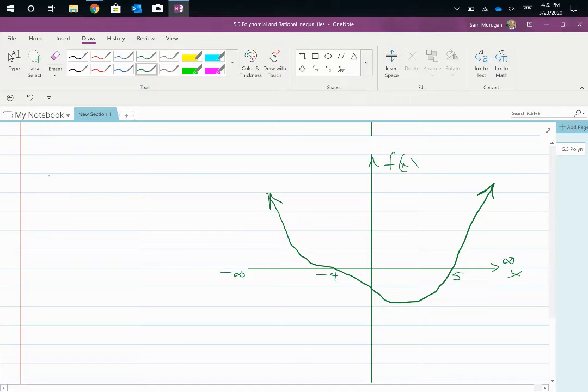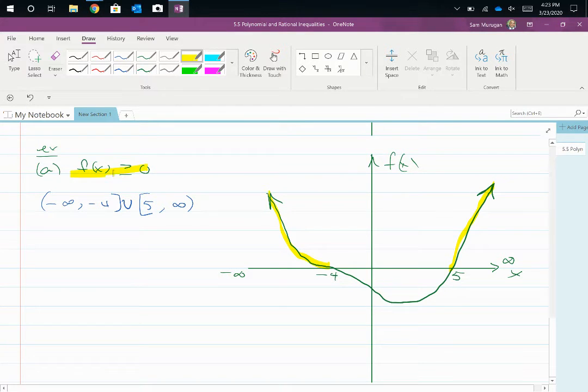So in this case, for f of x greater than or equal to 0, considering the intervals above the x-axis, but including the points, from -infinity up to -4, and from 5 to +infinity.